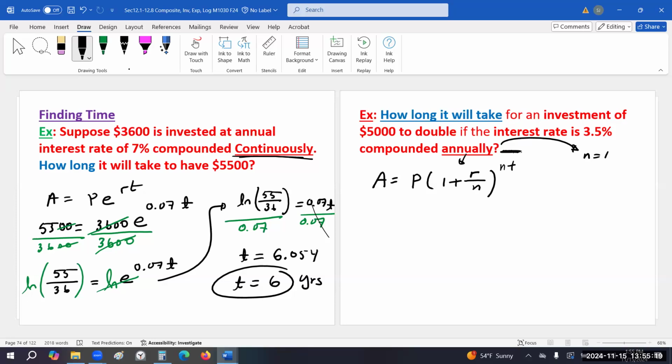Oh, this is an interesting one. How long will it take to double your money if you invest $5,000 today? So if you invest $5,000, what is it? They didn't tell us the final amount directly. They are tricking us here.